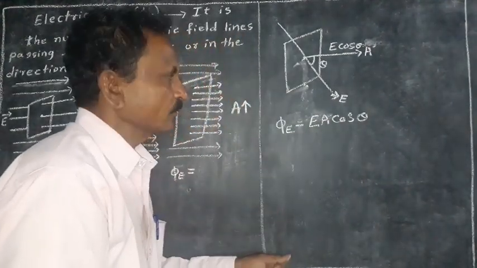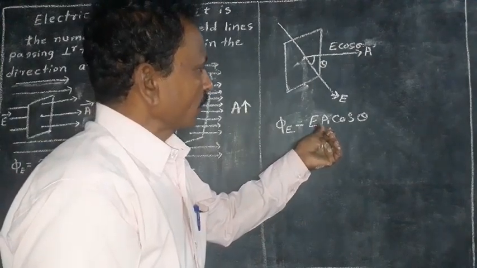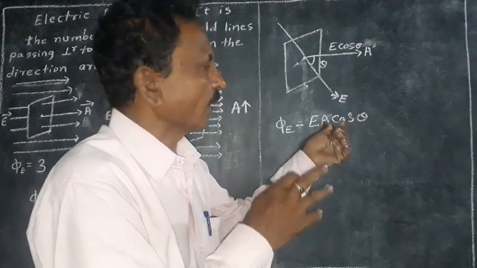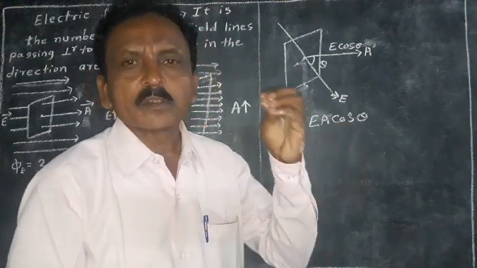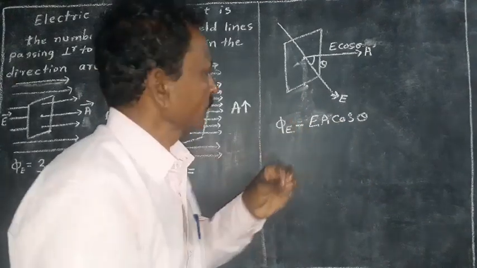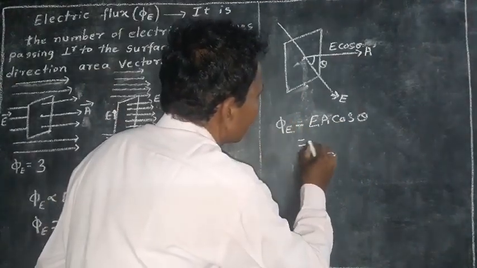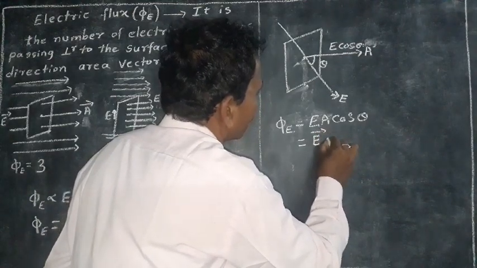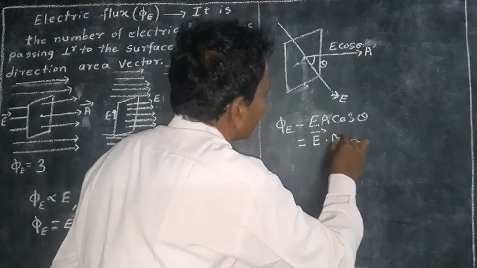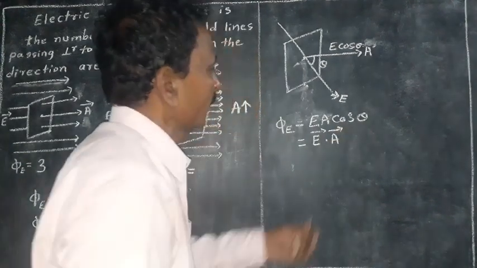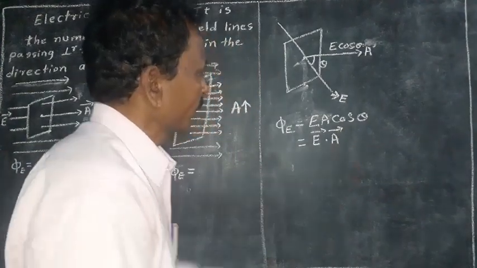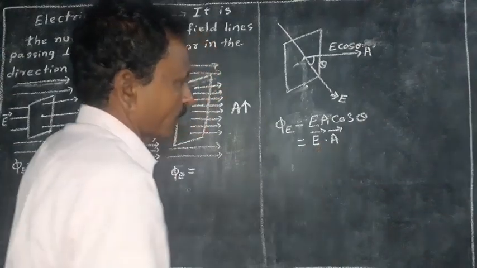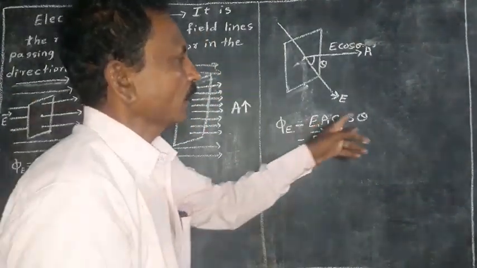But we know that the product of the component of E into area gives the scalar product of two vectors. Hence, phi E is equal to E vector dot A vector. Here area is considered as a vector quantity. Therefore, EA cos theta equals E vector dot A vector.